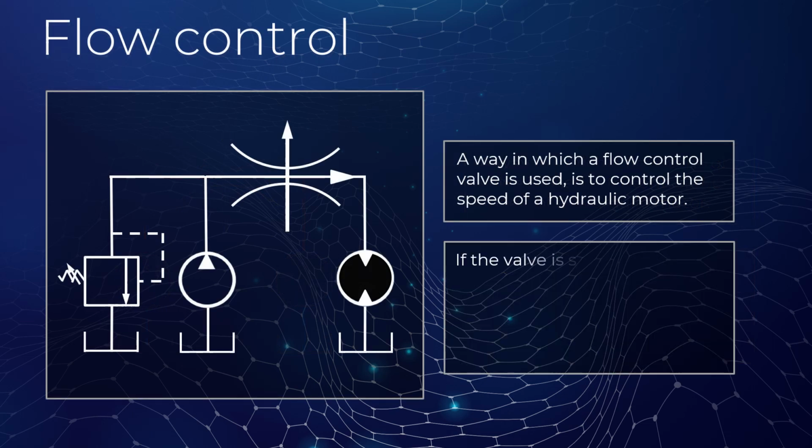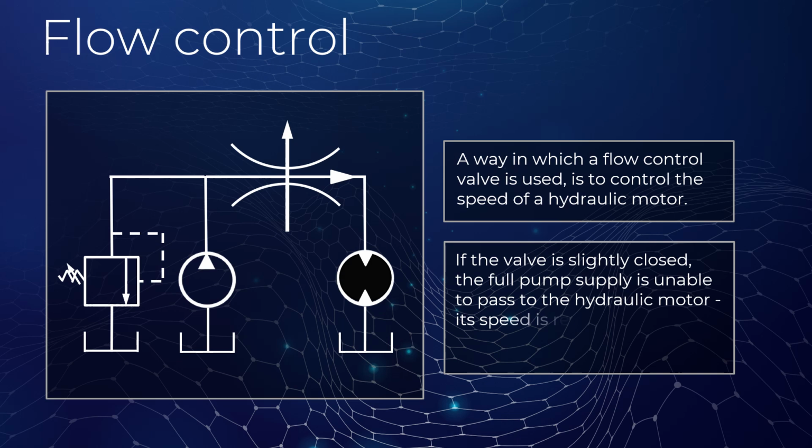If the valve is slightly closed, the full pump supply is unable to pass to the hydraulic motor, its speed is reduced. The excess flow has to pass through the pressure relief valve.